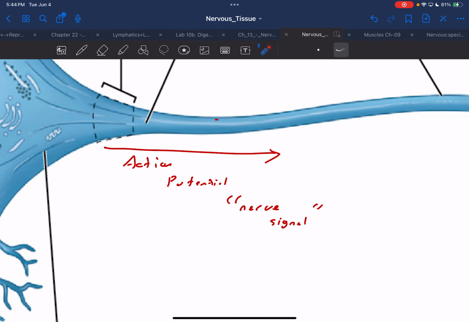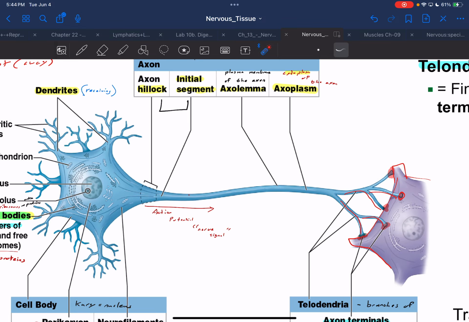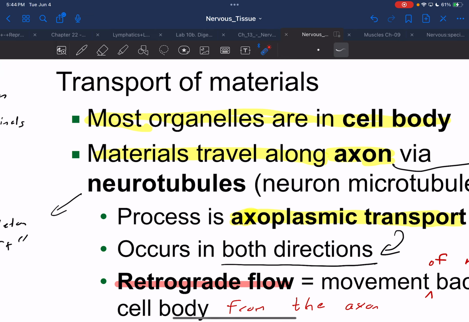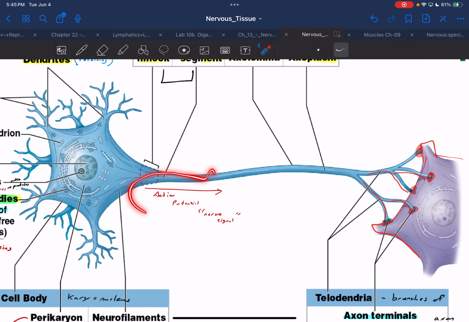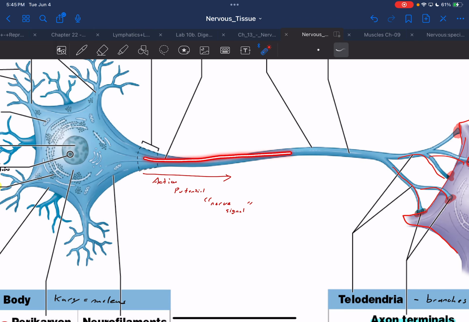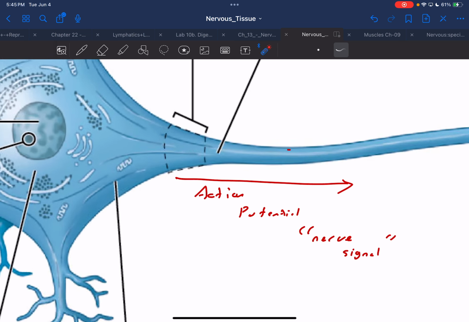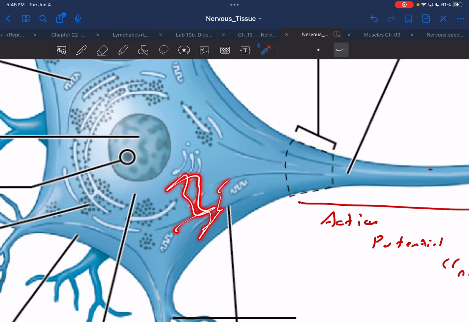Now, action potentials only travel in one way. They only travel in one way. Remember this. Down here, you'll see that I have transport of materials. And when you think about an action potential depolarization event, I don't want you thinking about this topic, because I need you to see that this extension here is just more cell, like more of the inside of this neuron.